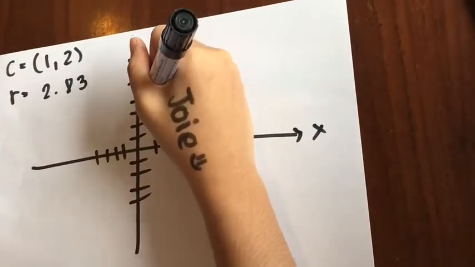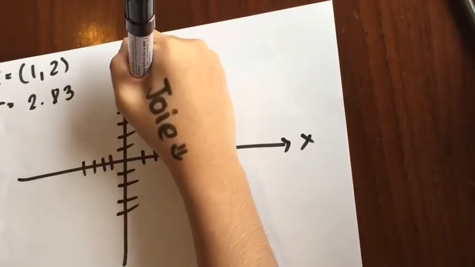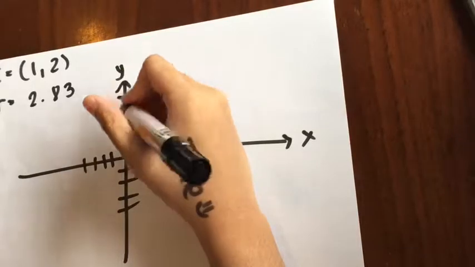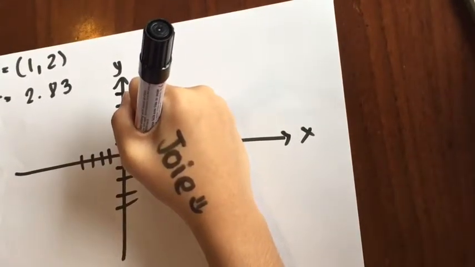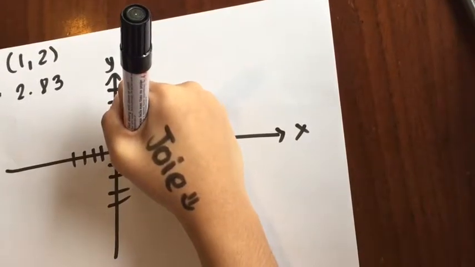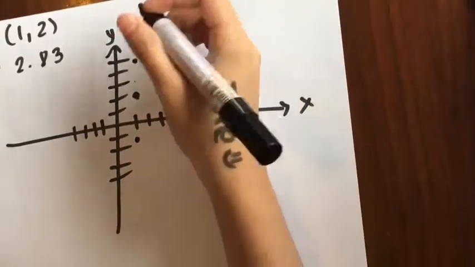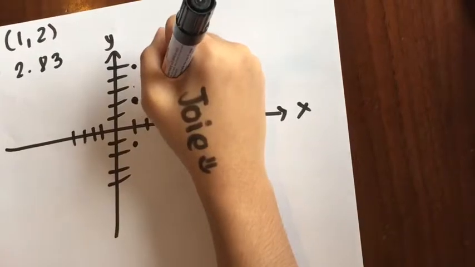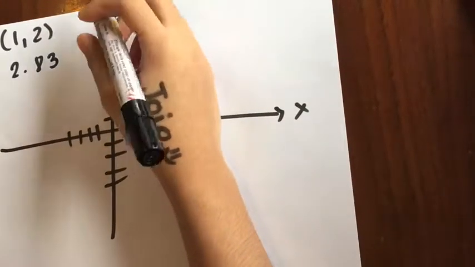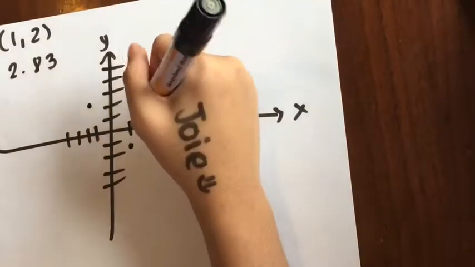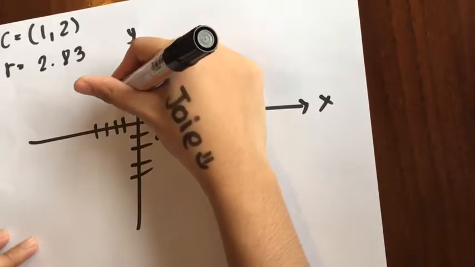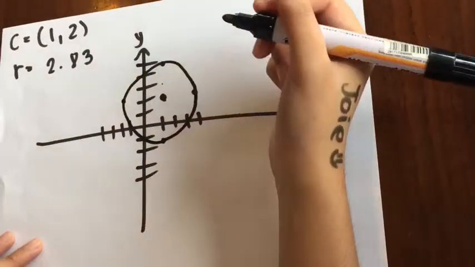So, 1, 2. Sabihin natin nandito yung 0.83. 1, 2, 0.83. 1, 2, 0.83. 1, 2, 0.83. Tapos, ayan. Perfect na perfect.